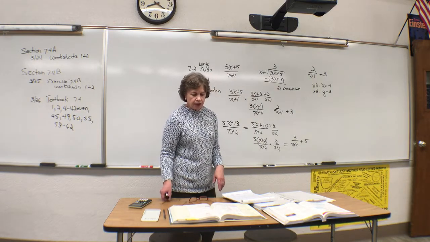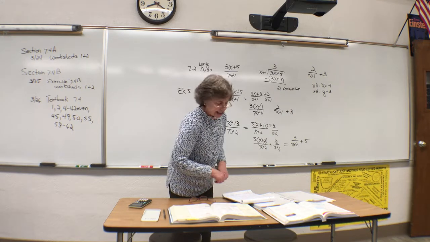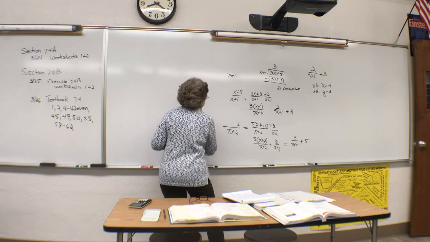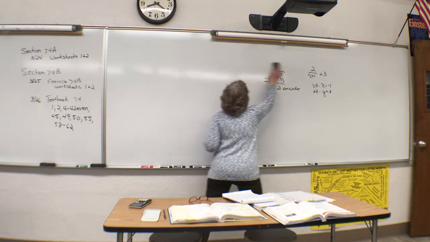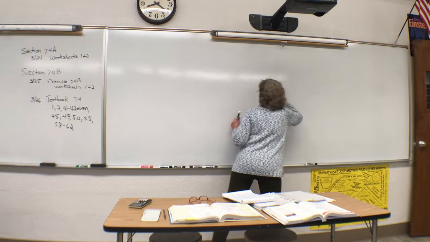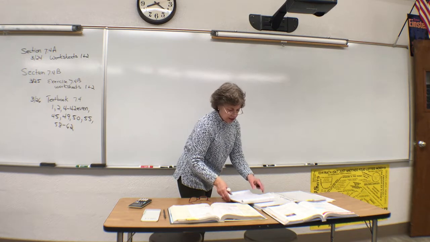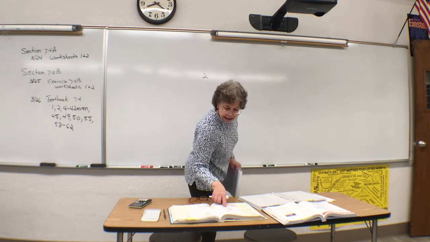Look at monitoring progress down at the bottom of page 386 and rewrite the one they gave you. You could be doing that while I'm doing this if you don't pause. And then check and see what you got. You started with 2x minus 4. Is that what it was?